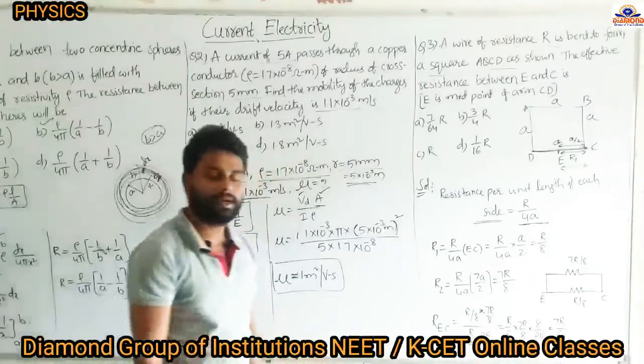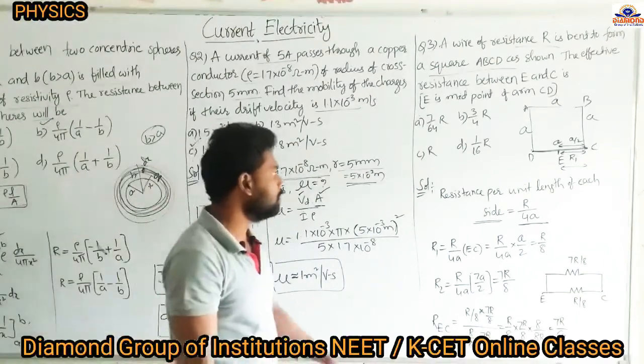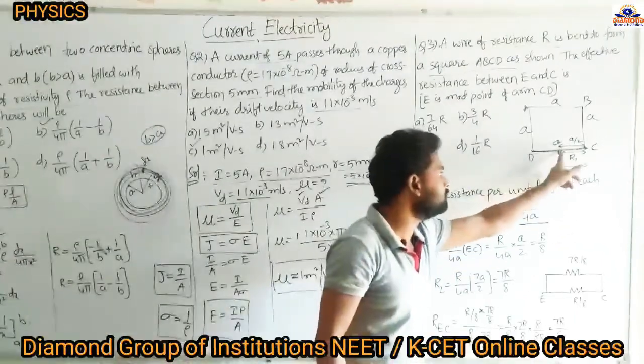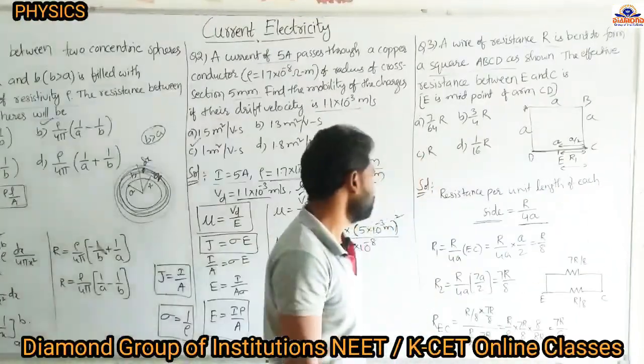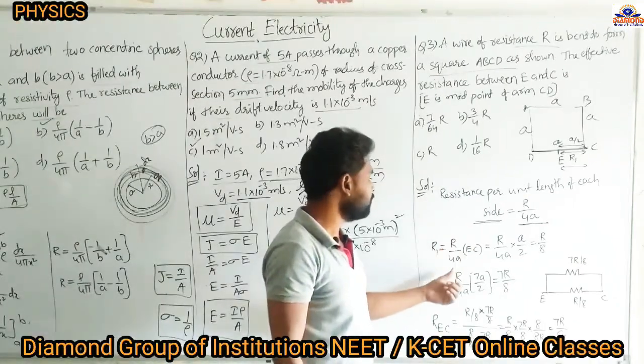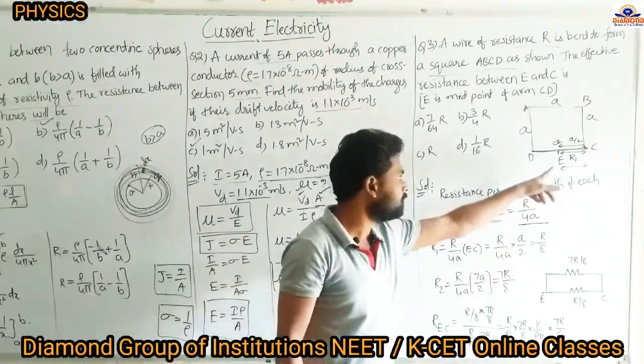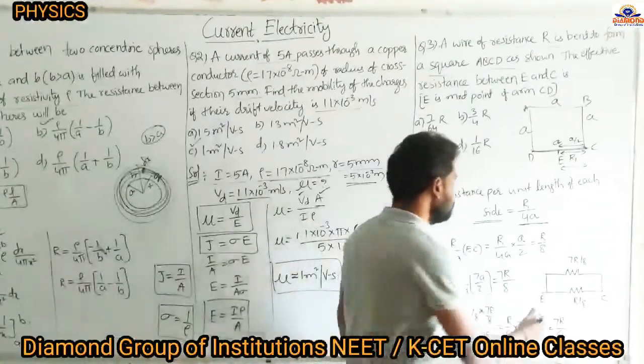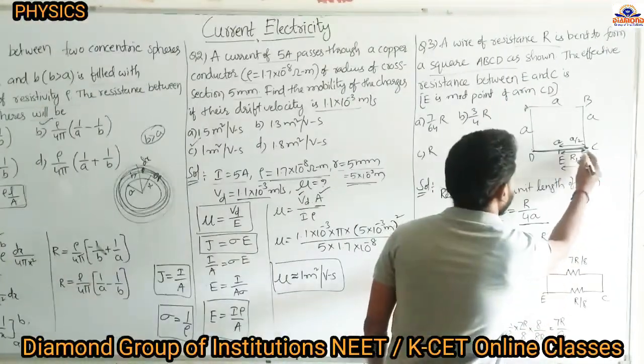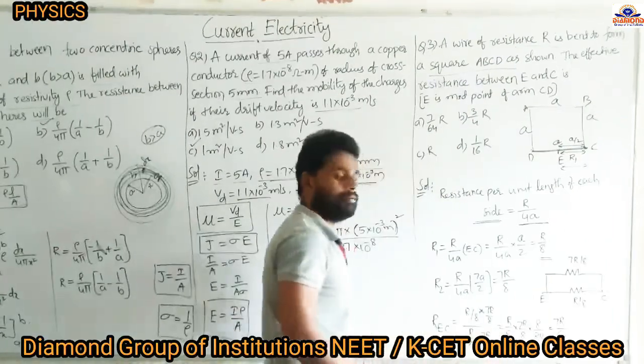Resistance is directly proportional to length, so R1 equals R by 4A into the EC length, A by 2. Then we get the resistance of the EC part as R by 8.